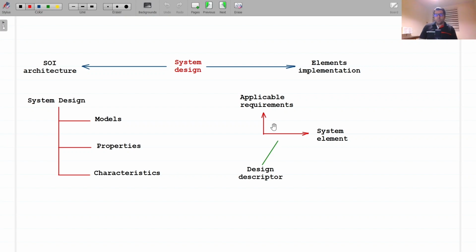Because it is sometimes difficult to define applicable requirements to a system element from the engineering data of the parent system, for example, in particular from the expected architectural characteristics, it is possible to use the design descriptor technique as a complement.